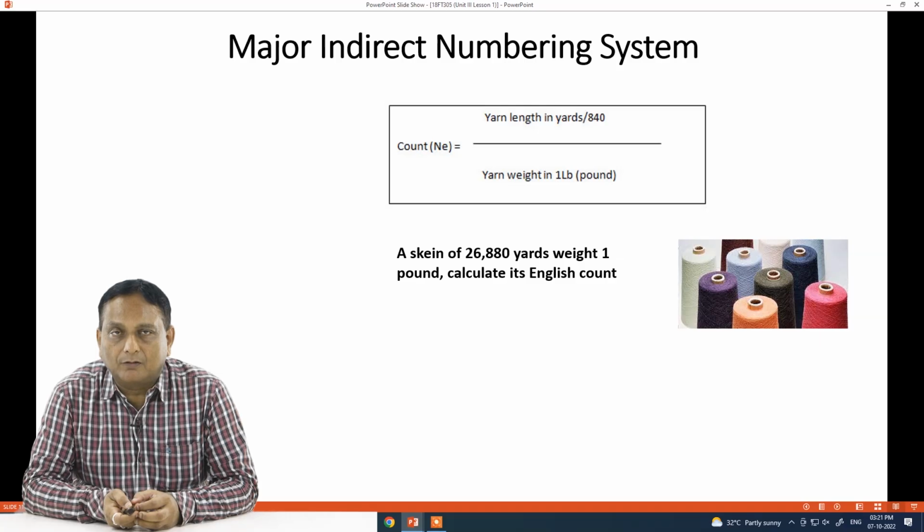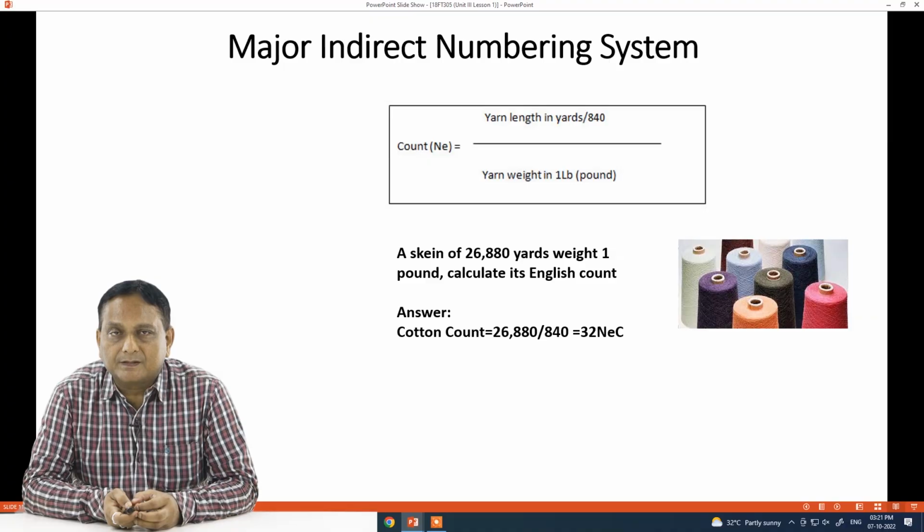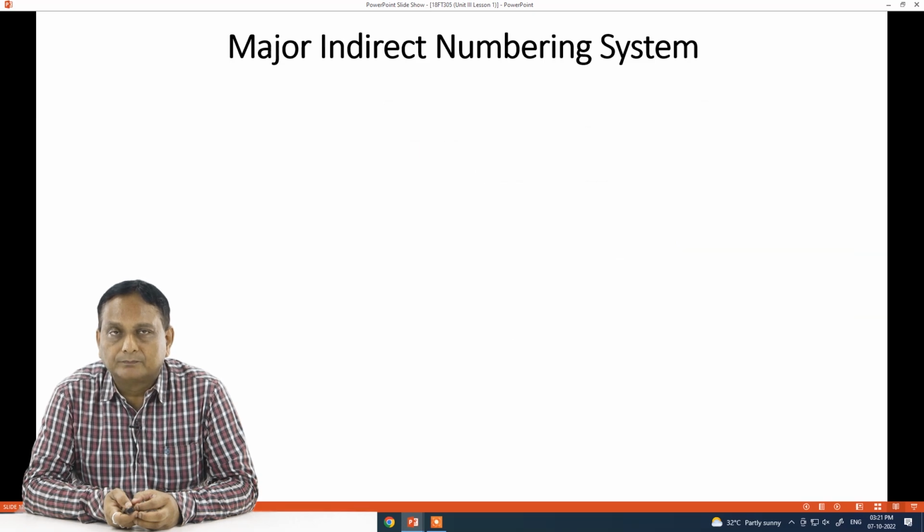A skein of 26,880 yards weighing 1 pound, calculate its English count. If we try to solve this, the cotton count is equal to 26,880 divided by 840, which is equal to 32 NEC. That is the cotton count. In this fashion we can calculate the count of a particular yarn.